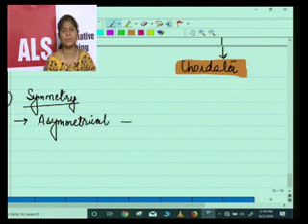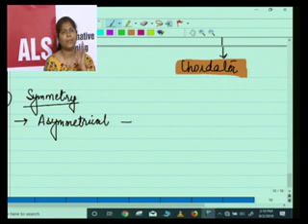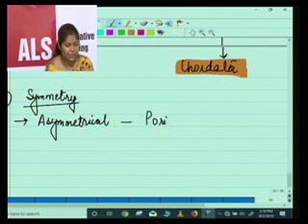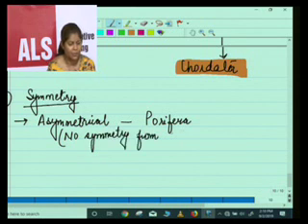So asymmetry is something where, in either of the ways if you wish to cut, they will not be giving you any kind of equality. The only phylum to be asymmetric is Porifera. So what is asymmetry? No symmetry from any plane.